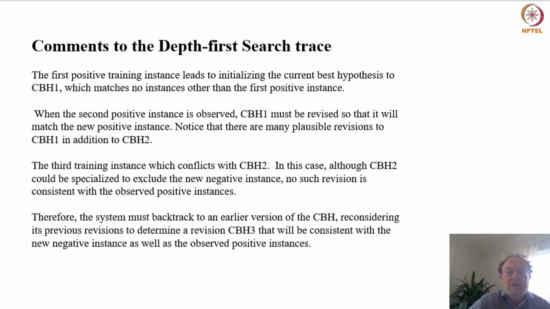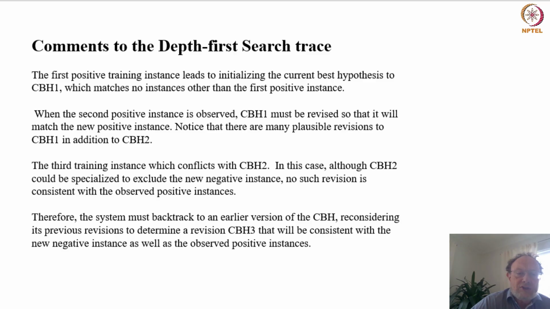When the second positive instance is observed, CBH1 must be revised in order to match the new positive instance. And you should notice here, of course, there are many plausible revisions to CBH1 in addition to CBH2. What is not visible here is, of course, the order of these alternatives. But the system picks what is considered the first alternative.